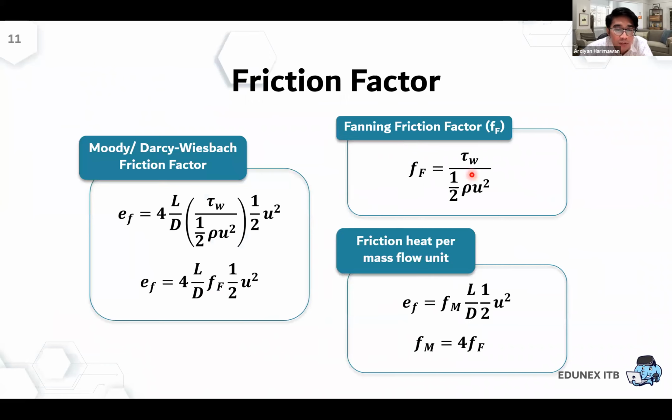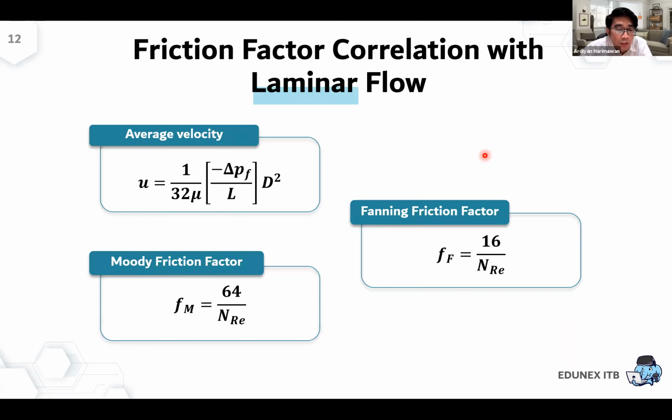The friction factor is basically the ratio between the friction stress divided by half times density times the square of the velocity. But since the shear stress at the wall is difficult to calculate through experiment, to calculate the friction factor we will use other correlations, based on the flow regime.